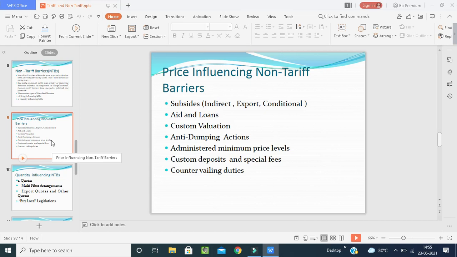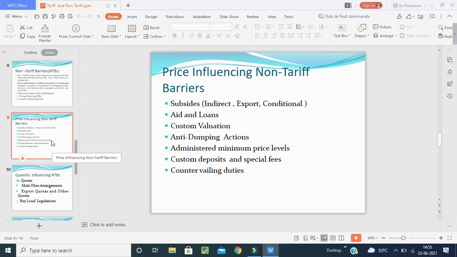Next one is price influencing non-tariffs. How are the prices influenced? We have subsidies. We all know what a subsidy is. A subsidy is help given by the government in monetary terms to local firms in order to make them competitive. There are three types of subsidies: indirect, export, and conditional.